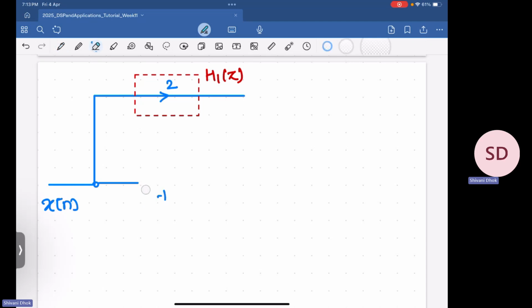Or let me just take it a little bit ahead. Yeah, something like this. Then we come here. This gets delayed by 1 unit. So we have a z inverse term, and then we have a scaling here.